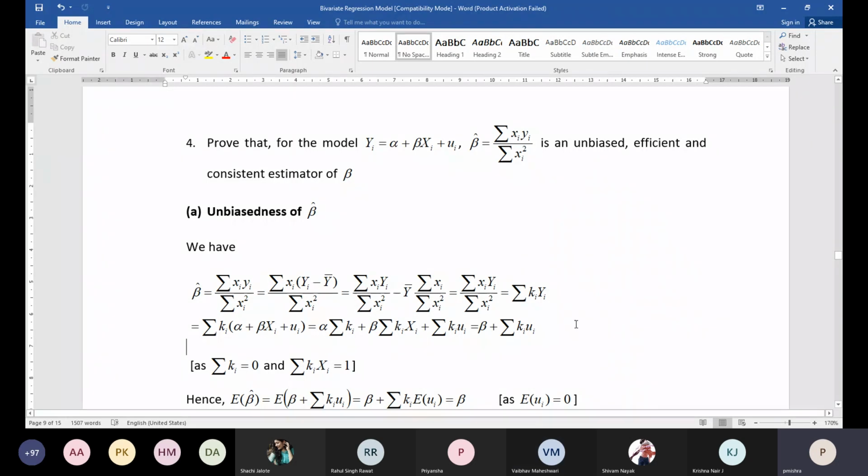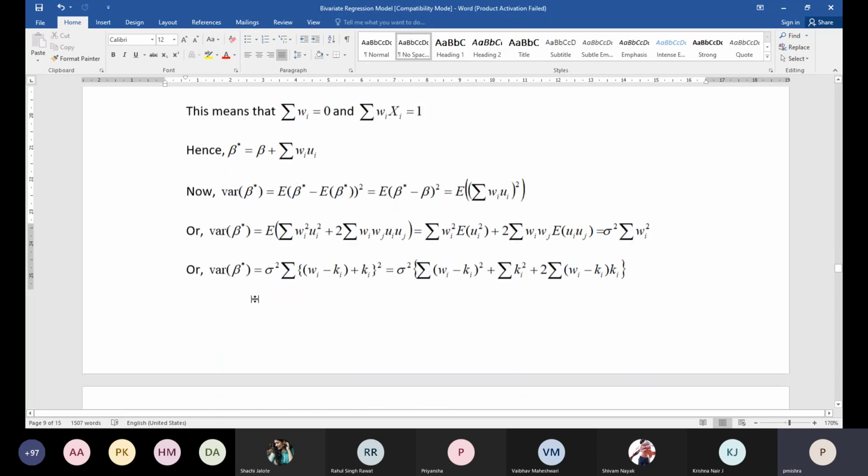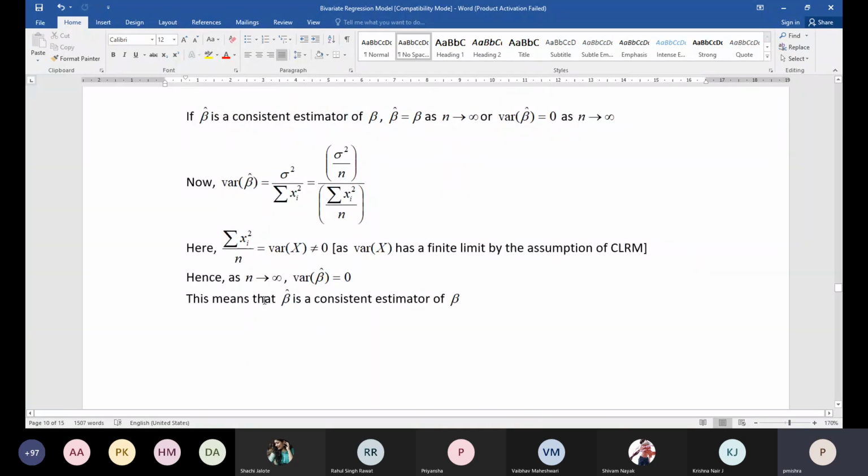So what I'm saying, when variance of X is equal to 0, then this beta hat is not defined. I mean, it is basically summation of small xi yi divided by 0. So in classical linear regression analysis, we assume a finite limit for variance of X, and this is hence different from 0.